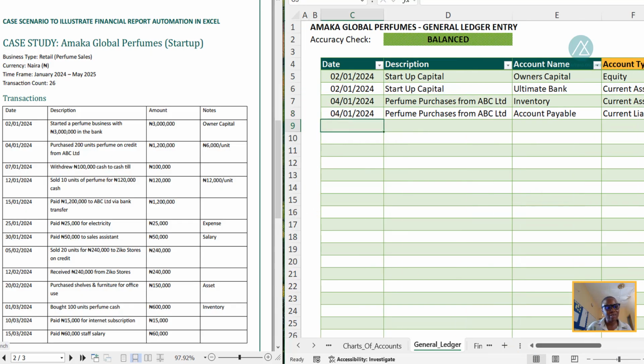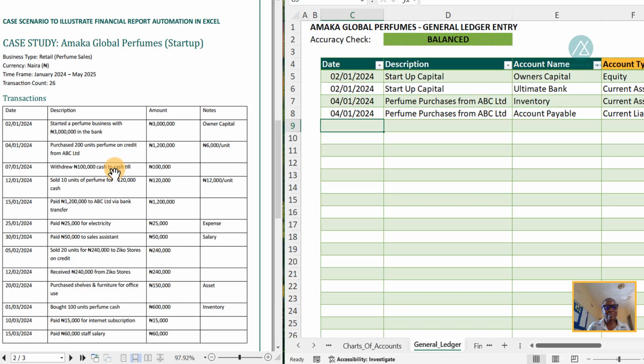And the next transaction is on the 7th of January. It says we drew 100,000 cash to the cash till. So maybe for your imprest, to use it and spend on little things, might be electricity, fuel, those little monies that you don't need to necessarily go through the bank and make a transfer for, right?